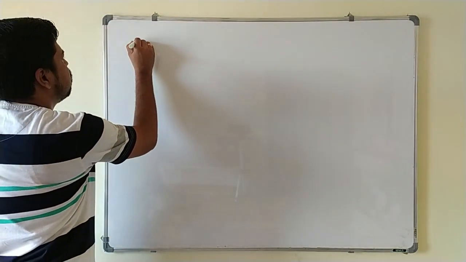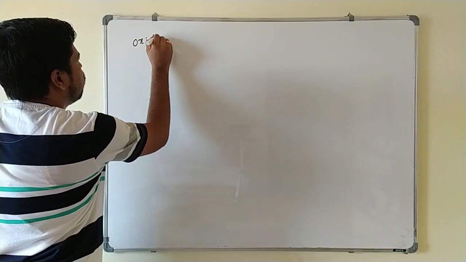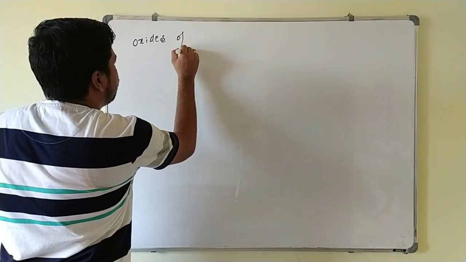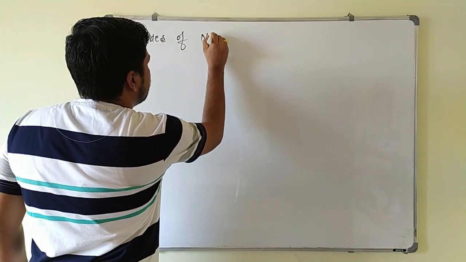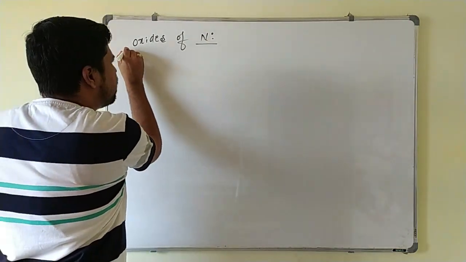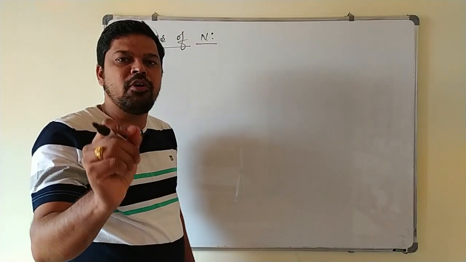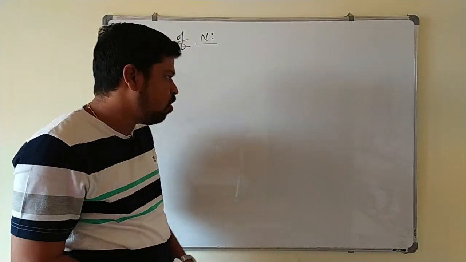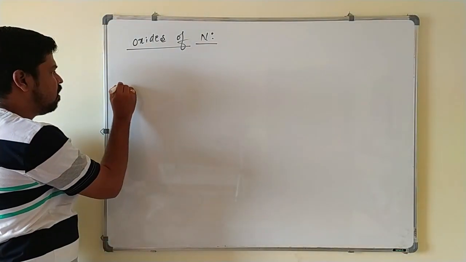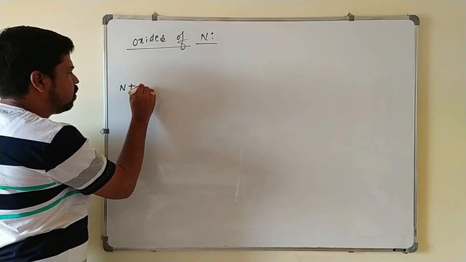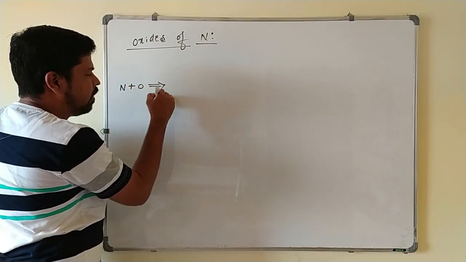Oxides of nitrogen. Already we have discussed the oxides of group 15. In that we know that nitrogen forms 5 oxides with oxygen.